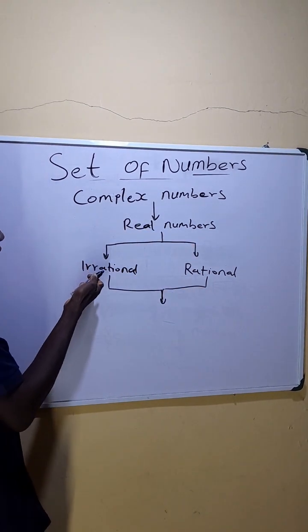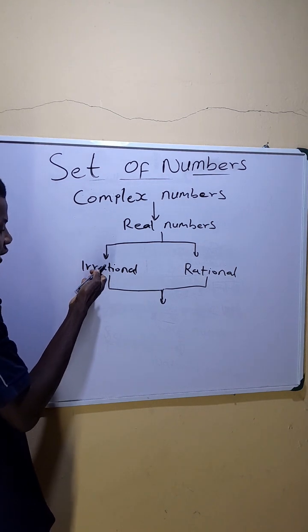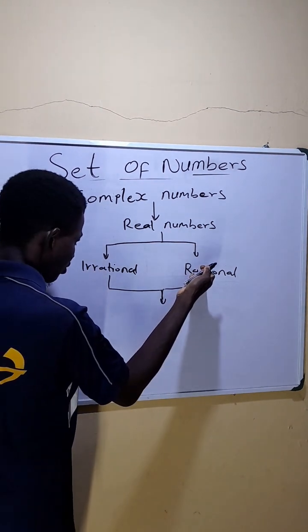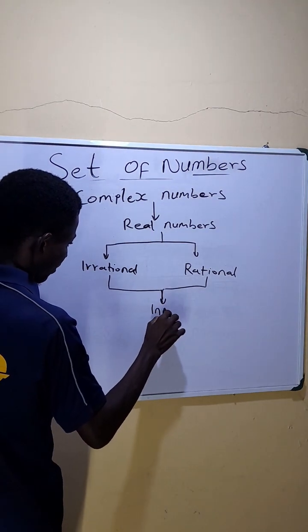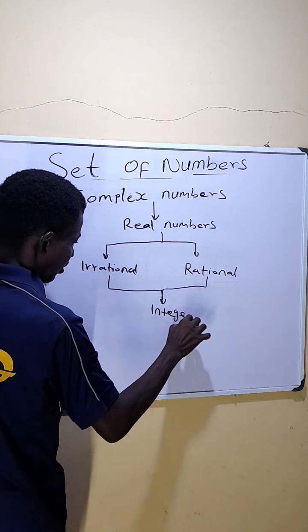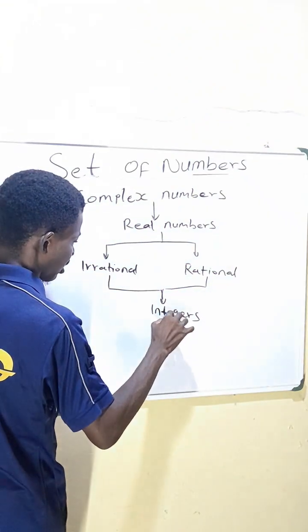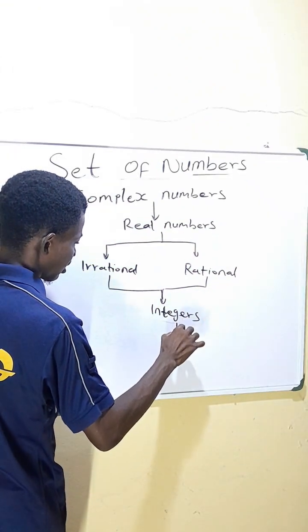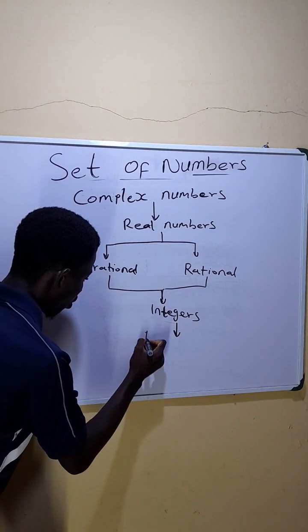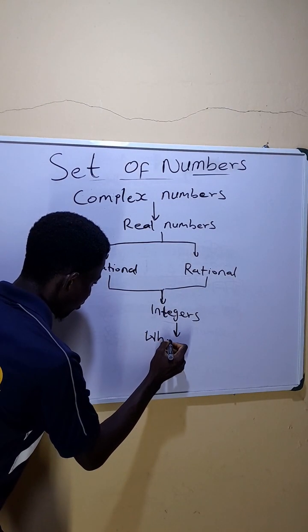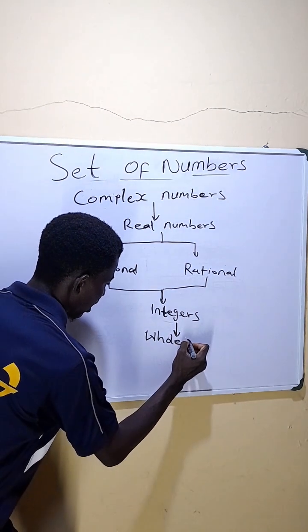If you break this one down, you can find integer inside the rational numbers. So we have integers. From these integers, we have whole numbers.